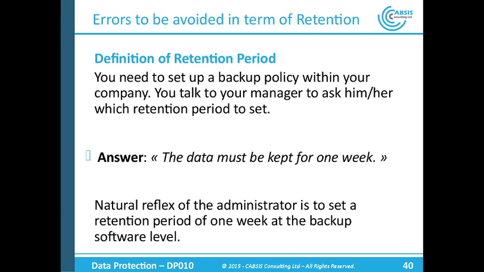The reflex of the administrator is to set the retention period to the same time. Okay, if you got the retention for 1 week, you're going to set the retention period for 1 week at the backup software level, and this is why there will be a real problem.